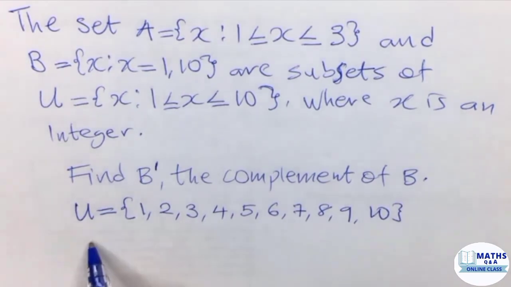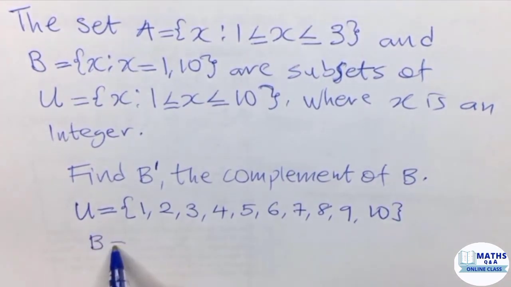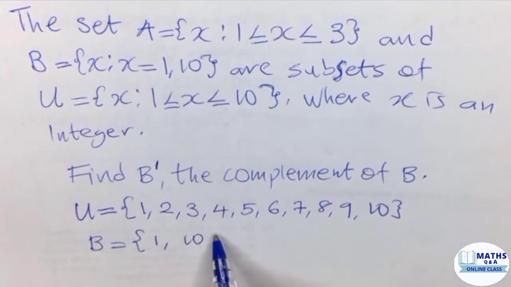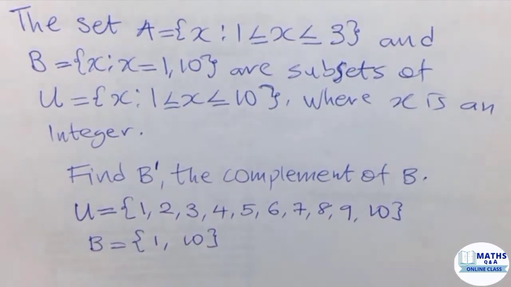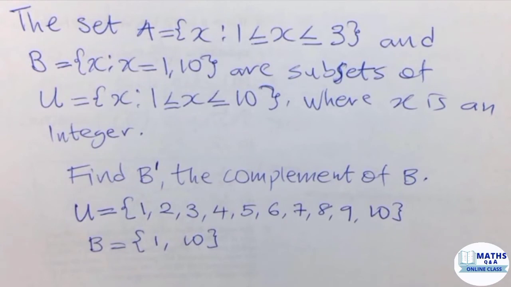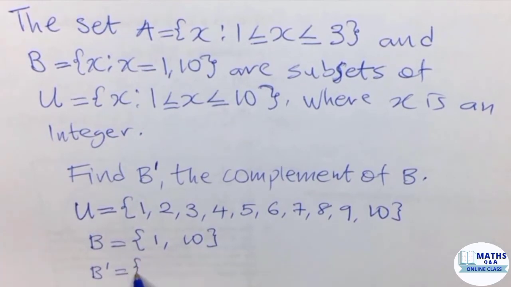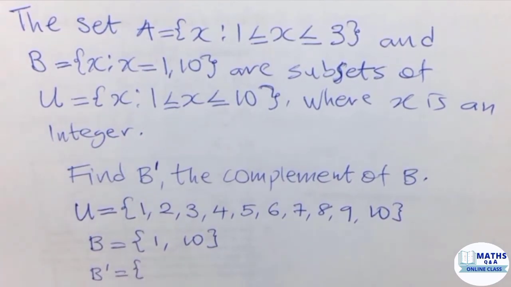Now we have the set B with elements 1 and then 10. Very simple sets, of course. If we have to find the complement of B, then we have to compare the set B to the universal set.